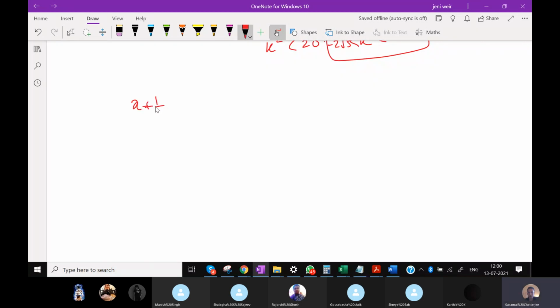So x plus 1 by x whole square minus 4 into x plus 1 by x plus 3 equal to 0. How many solutions will this equation have?